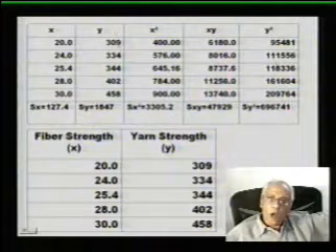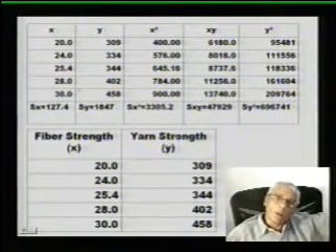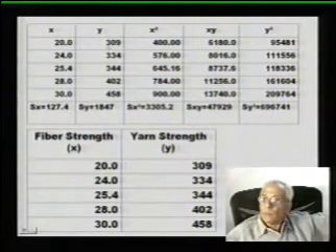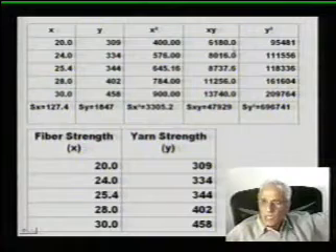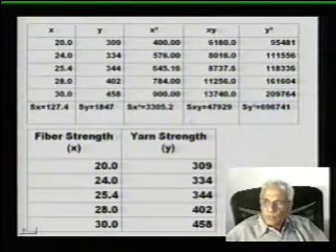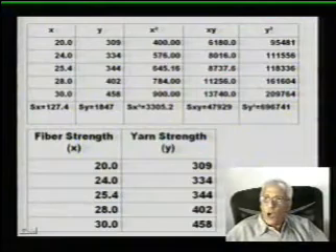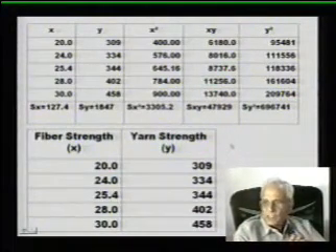Square the values of y and get a column of the square values of y. Multiply xy and get a column of the xy products. In other words, we are shooting for the variance of x, the variance of y, and the covariance. That's the essence of regression analysis, as you know.